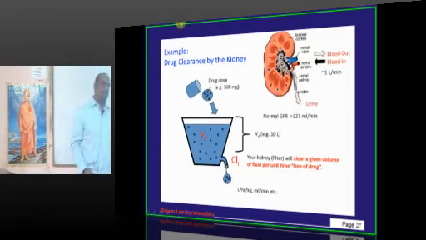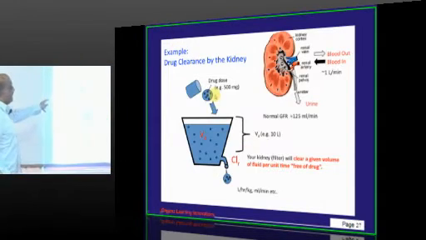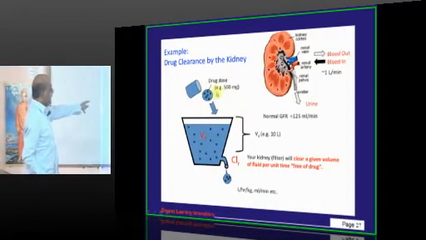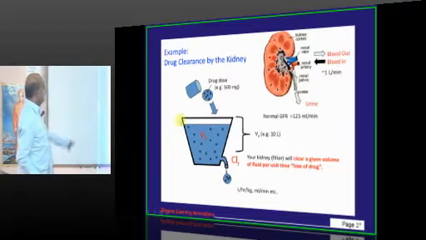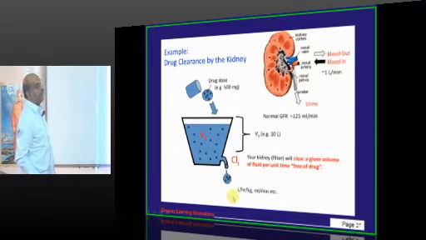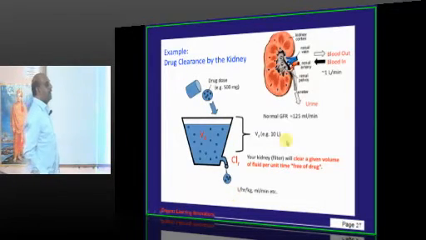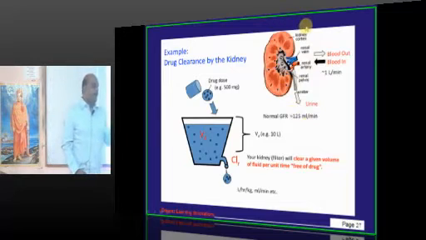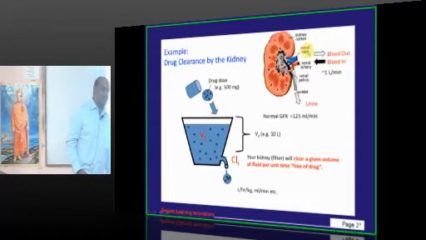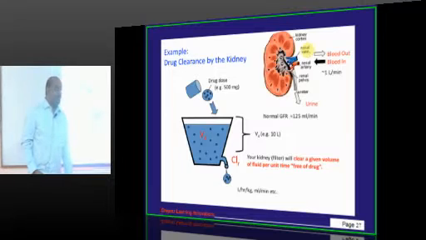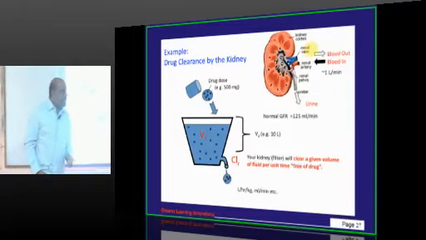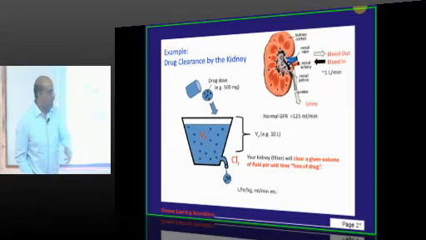Now let us see. You have taken a drug of about 500 milligrams. The moment you administer the drug, what will happen? The drug has two choices. It can remain in plasma or it can diffuse into the tissues. Right, doctor? Unless it is in plasma, it can't reach the organs, liver or kidney.